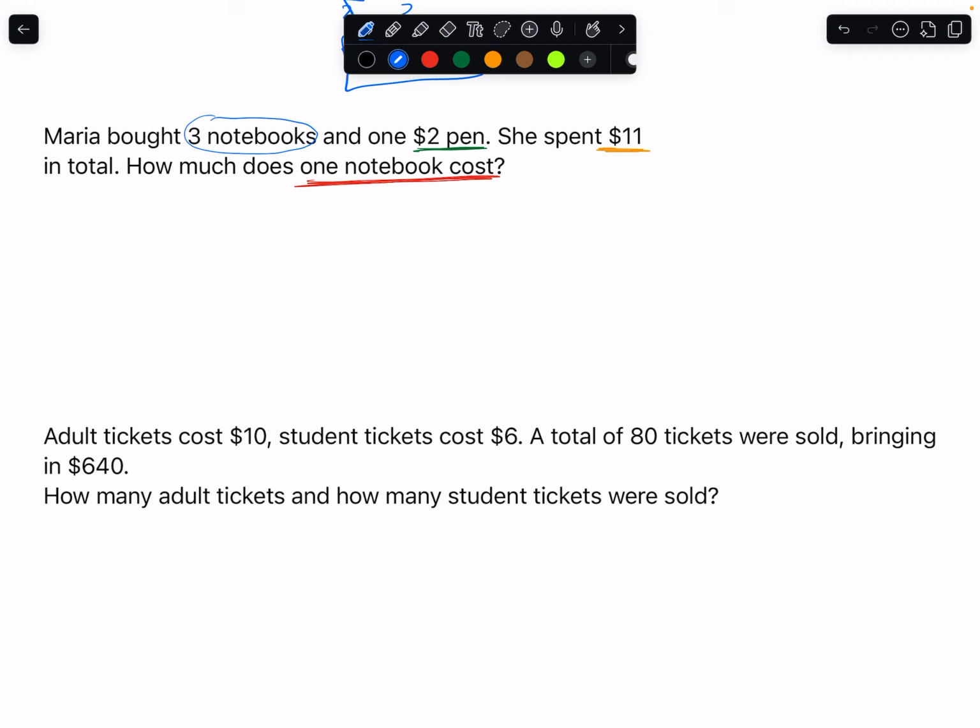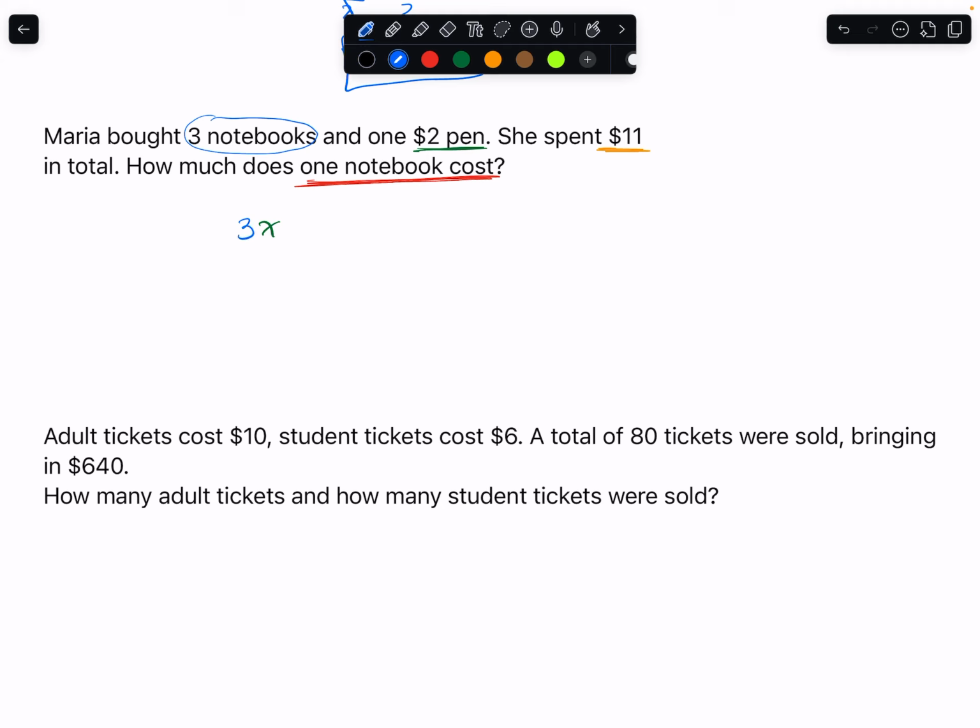So in this situation, we'll put an abbreviation or a variable. Once again, I'll use X to make it simpler. X represents the cost of one notebook. But she didn't buy one notebook, she bought 3.